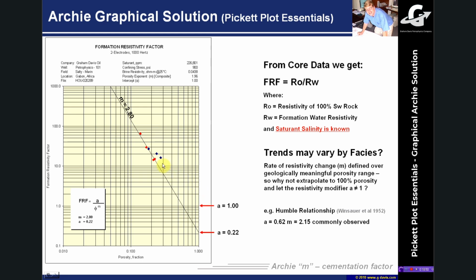Similarly, if these other 3 points here are in another facies, we might have another set of rock with different M and A values as well. And so these trends may vary by facies.